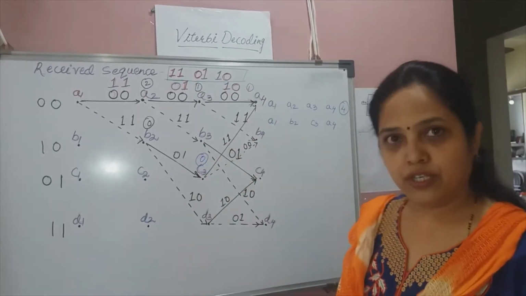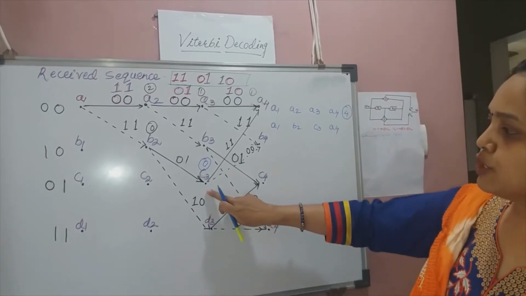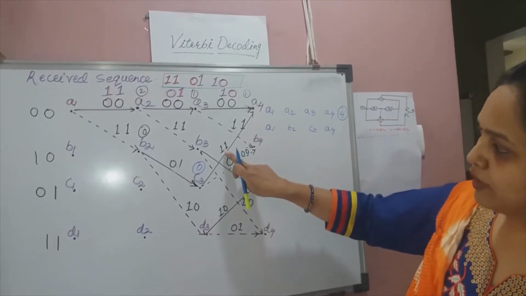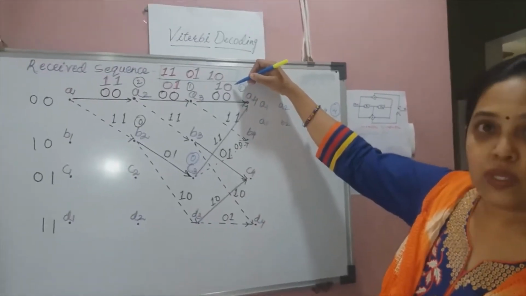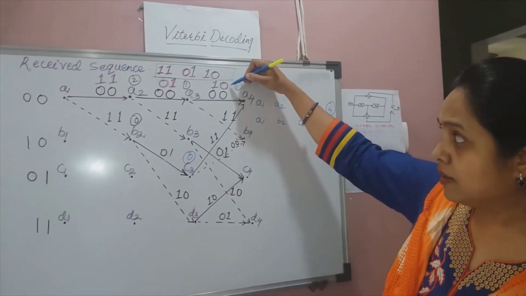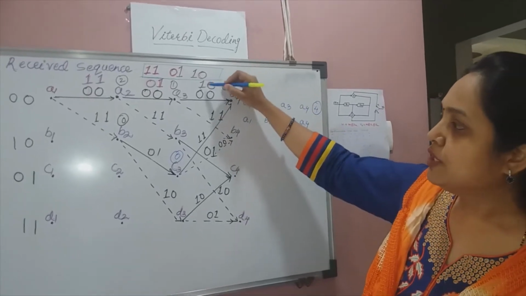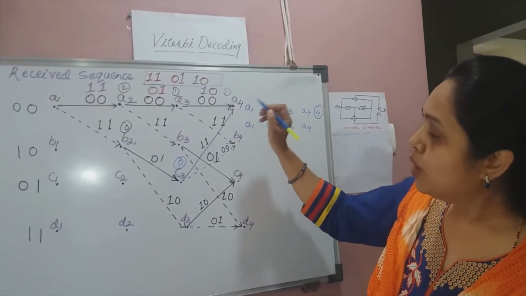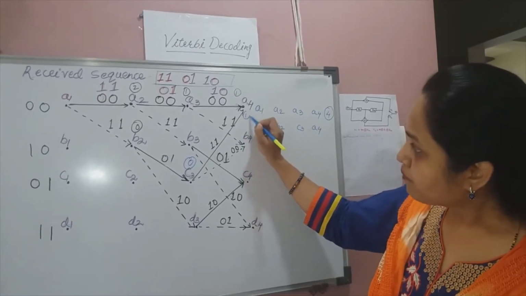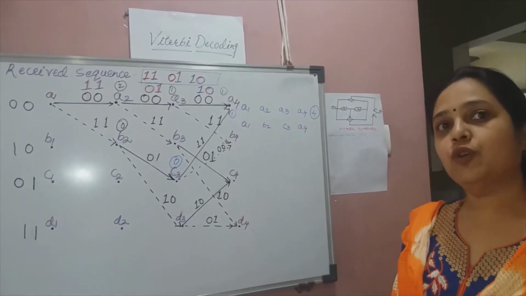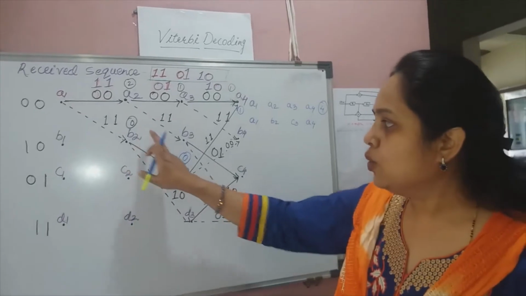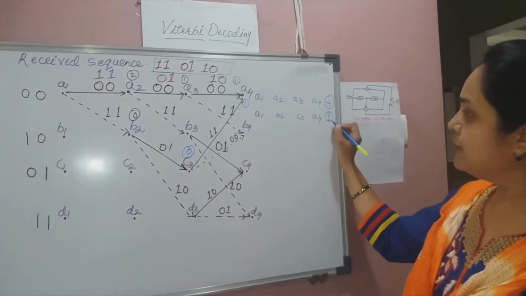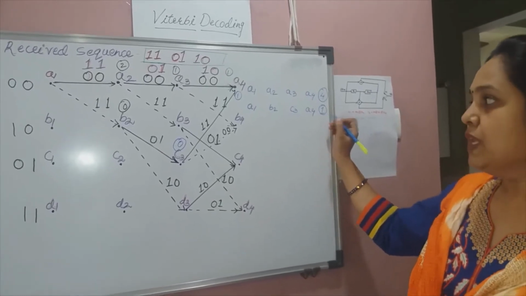The third part of this path is C3 to A4, which has the standard output 1 1 and the received sequence has the bits 1 0, so the difference is 1. The total weight of this path is 0 plus 0 plus 1, which is equal to 1.